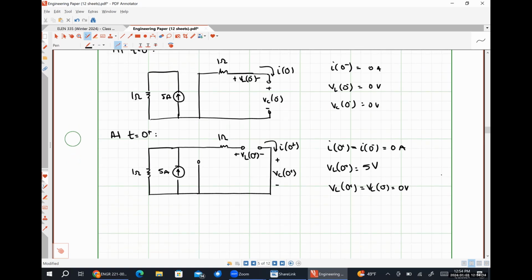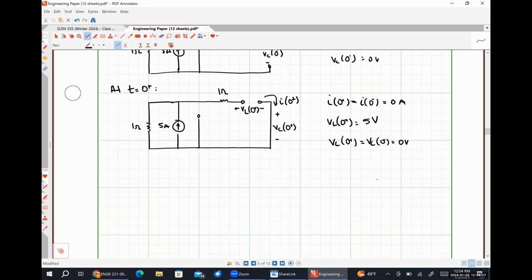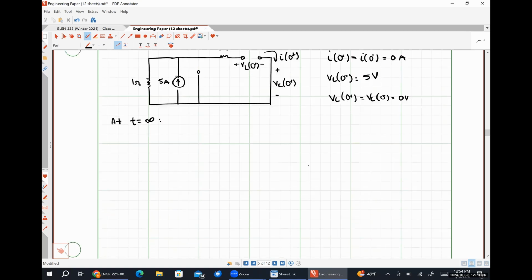Now we analyze at t is equal to infinity. So at t is equal to infinity, our switch is still closed where it currently is. So this 1 ohm resistor in parallel with this 5 amp source. Here's our 1 ohm resistor. Because we're at DC steady state again, our inductor is going to look like a short.